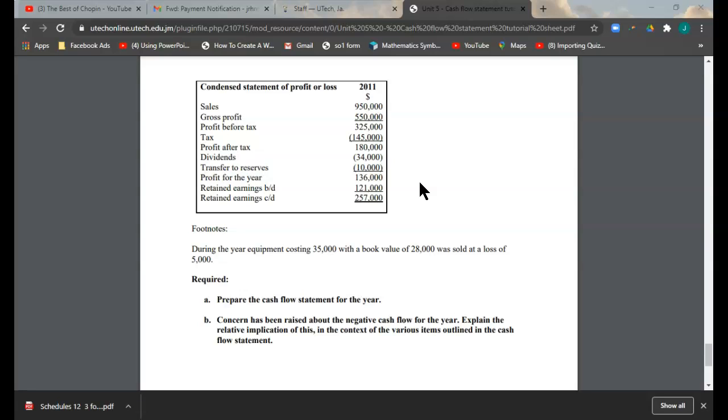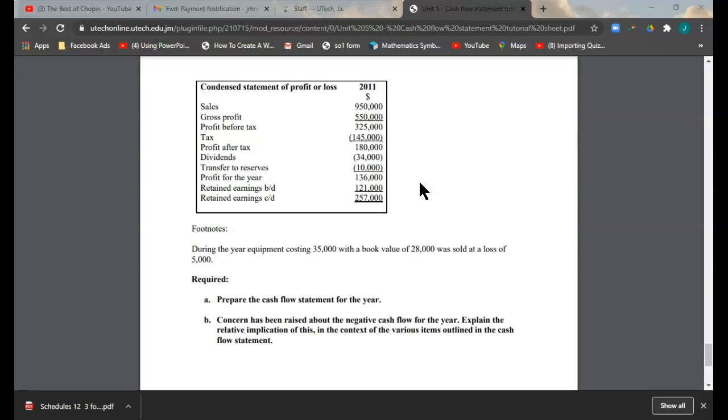You don't see selling and distribution expenses, etc. And you don't see finance charge. So this is a condensed or a shortened version of the statement of profit or loss. Okay, so let us see now what else we have.